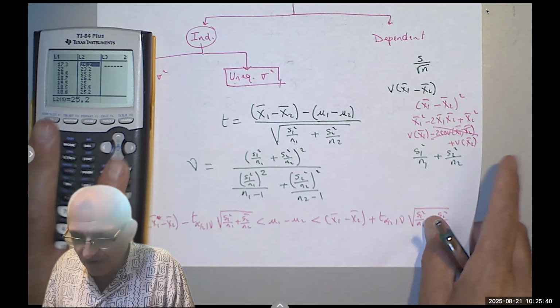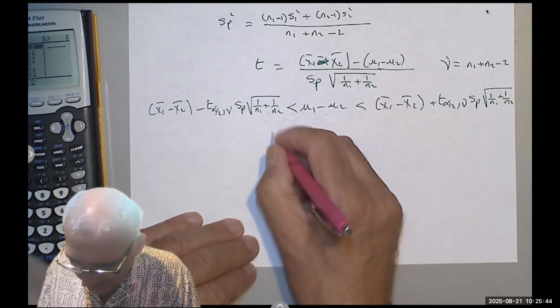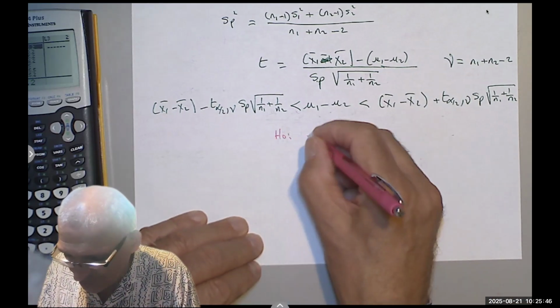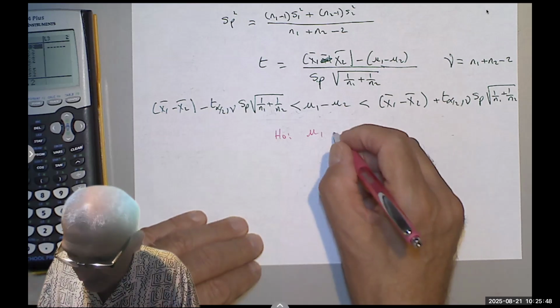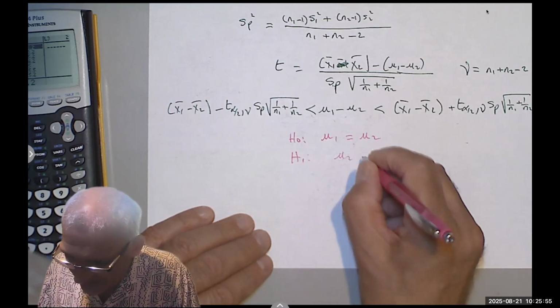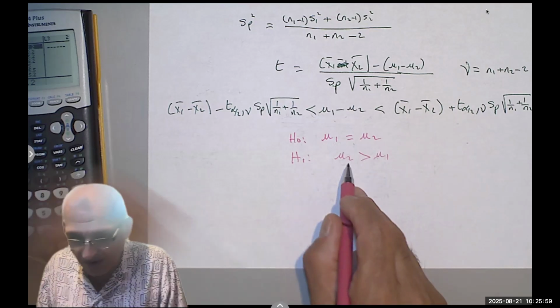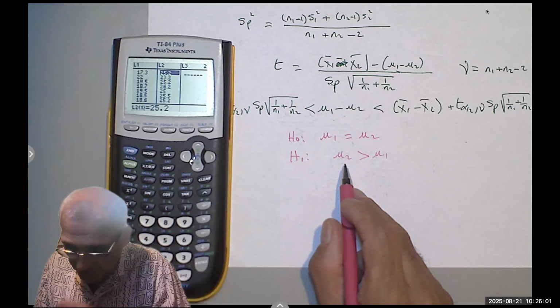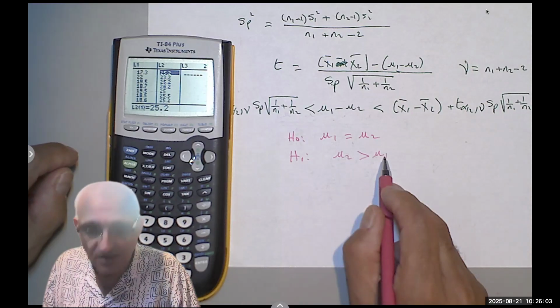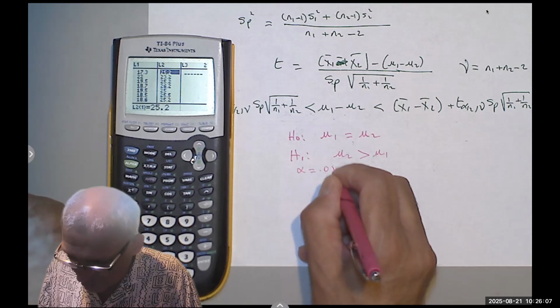So what would be the test? My null hypothesis is that mu1 equals mu2. My alternative hypothesis is that mu2 is larger than mu1. Mu2 is the one treated with the new type, and mu1 is the current type. Alpha, we'll use 0.05.